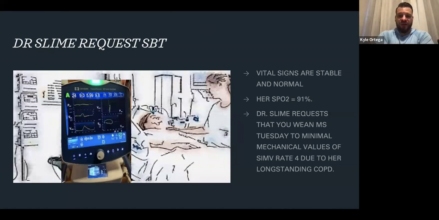All right, so now I'm gonna explain that SBT to her. All right, Miss Tuesday, we want to get this tube out of you, but in order for me to tell the doctor we're ready to do that, I'm gonna switch the modes on the vent to where you're gonna be doing all the breathing and all the work, okay? And I'll be right here monitoring, capturing some numbers.